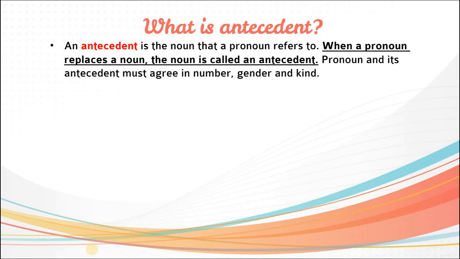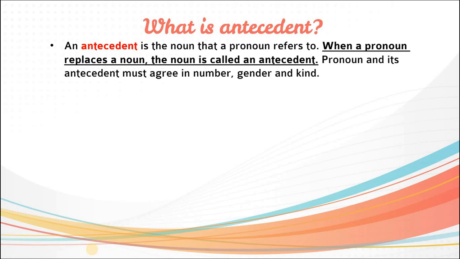An antecedent is that noun to which a pronoun refers. When a pronoun replaces a noun, just like in the previous sentence, his replaces the noun. So his was a pronoun and Ali was the antecedent of his. When a pronoun replaces a noun, the noun is called an antecedent.